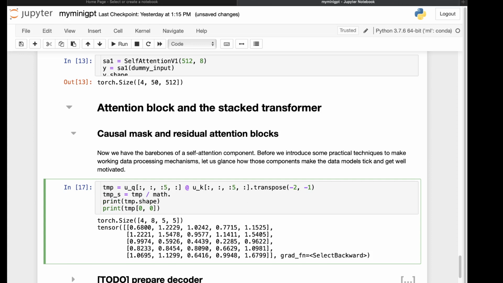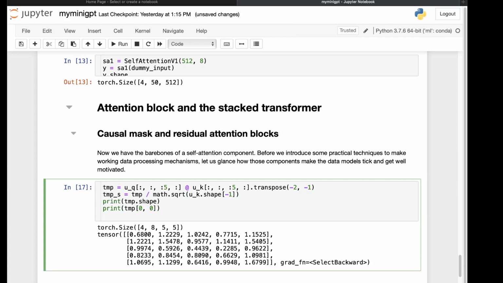Anyway, I'm taking the square root of the size of the feature vector, which we can simply get using the shape, the last one. Now let's compare.